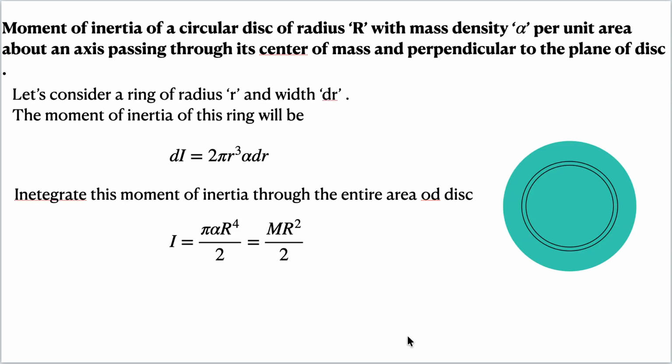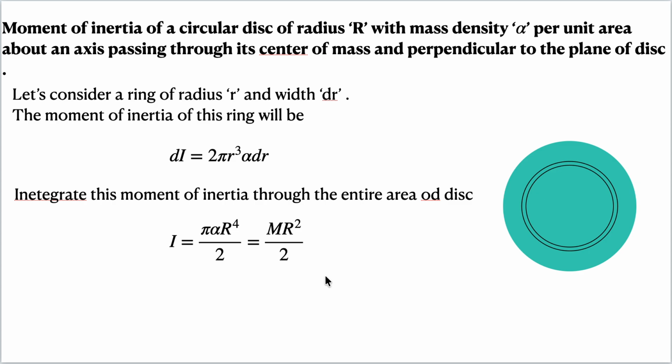Moment of inertia of a circular disk of radius r and mass density alpha per unit area about an axis passing through its center of mass and perpendicular to the plane of the disk. Let's consider a ring of radius r and width dr. The moment of inertia of the ring will be dI equals 2 pi r cube alpha dr. Let's integrate this to obtain the moment of inertia of the entire rigid body.